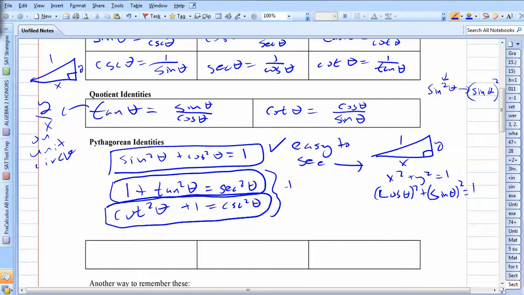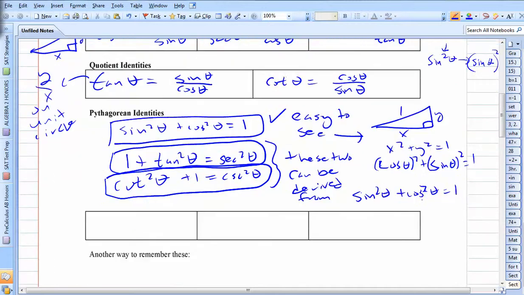These two can be derived from the first Pythagorean identity we just talked about. How would you derive those?